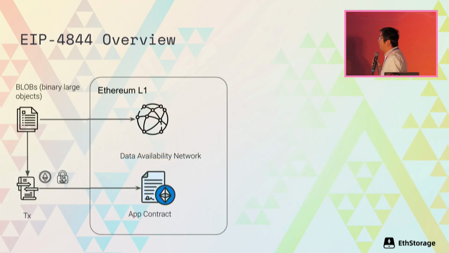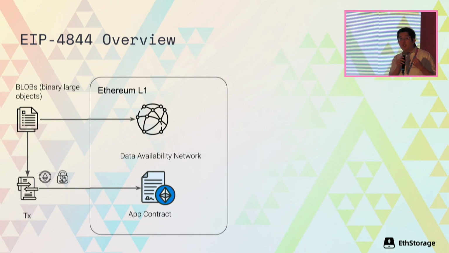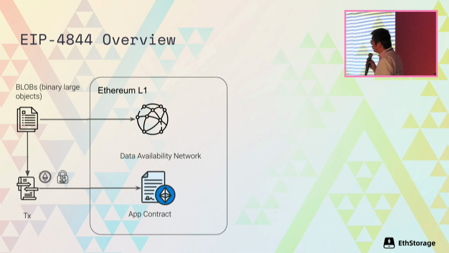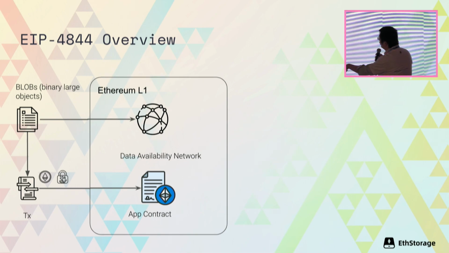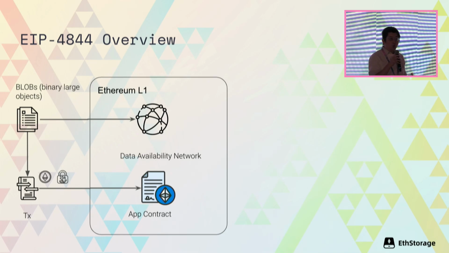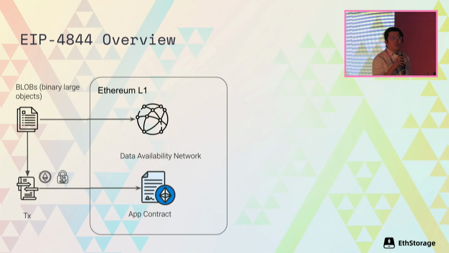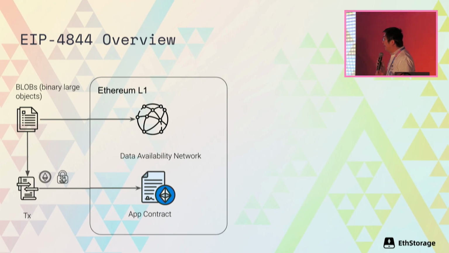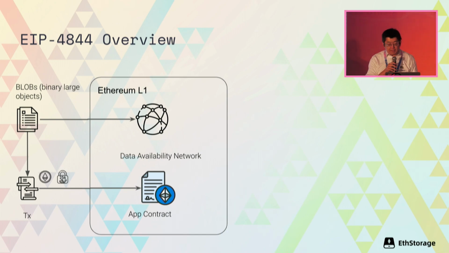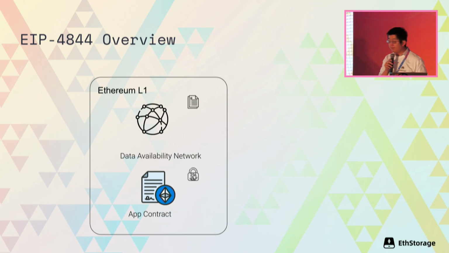So what is EIP-4844? It introduces a new type of Ethereum transaction, which can include a new object called binary large objects, or blobs, which have a 128 kilobyte size. They cannot be accessed by the EVM itself, but their hash, the commitment, is available on chain.